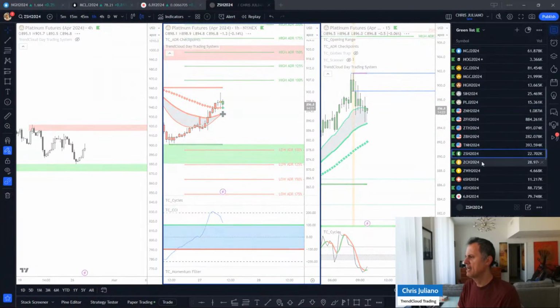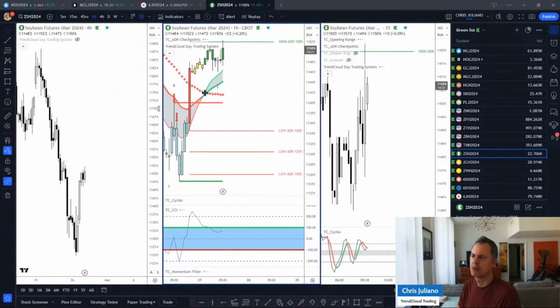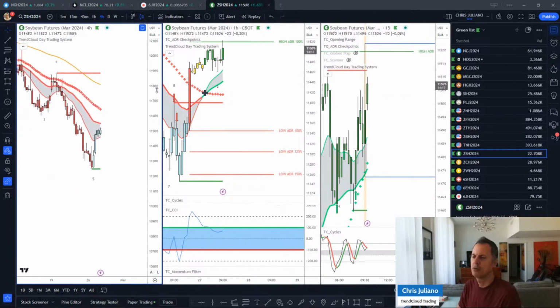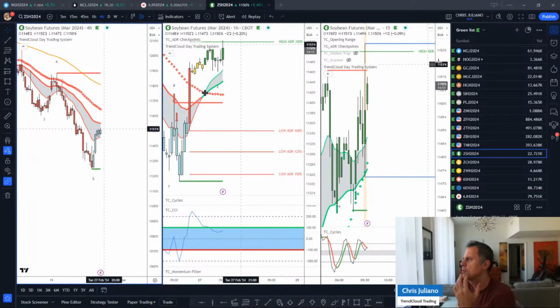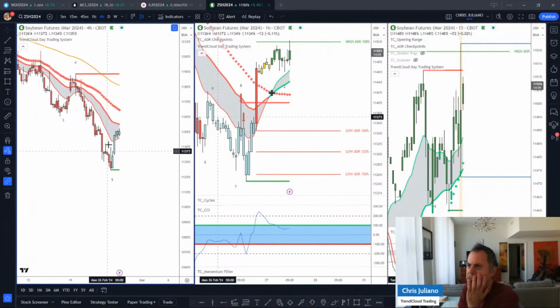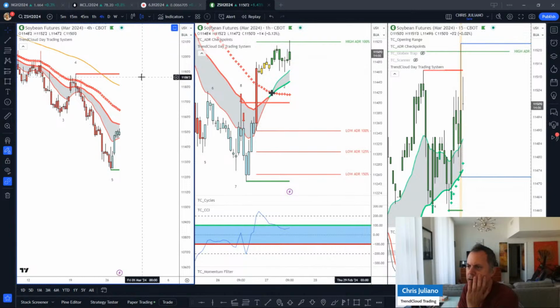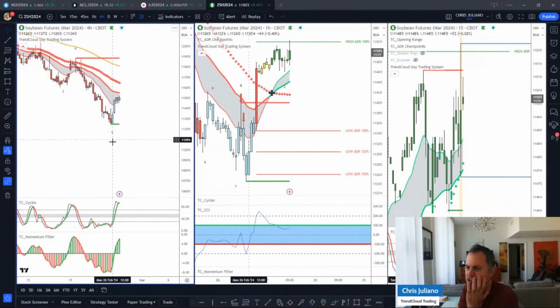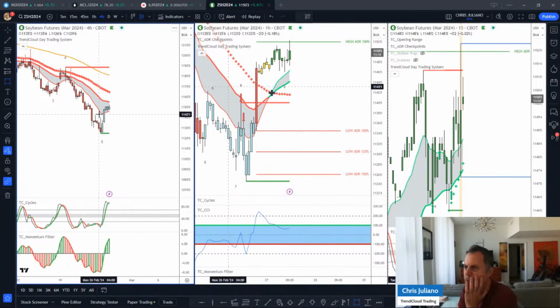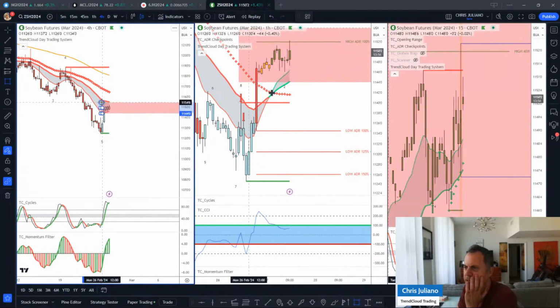How about the agriculture? Whoa. Okay, here we go, guys. Soybeans. Soybeans, 4-hour chart, extended trend, and it has reversed back up into TrendCloud.